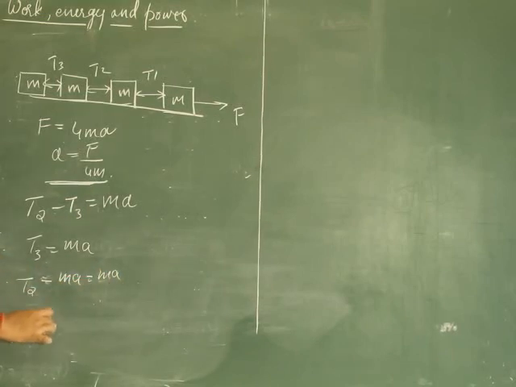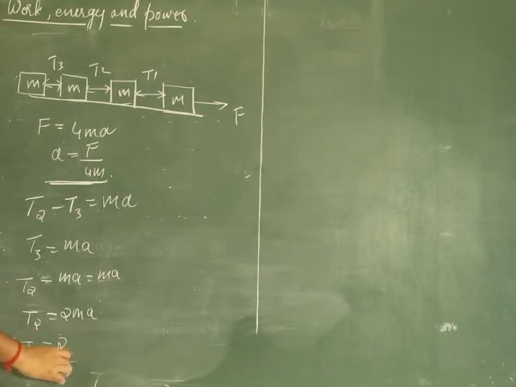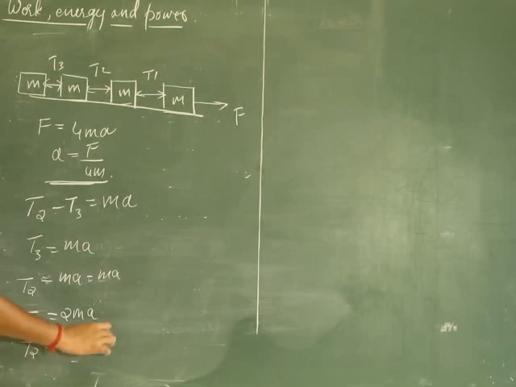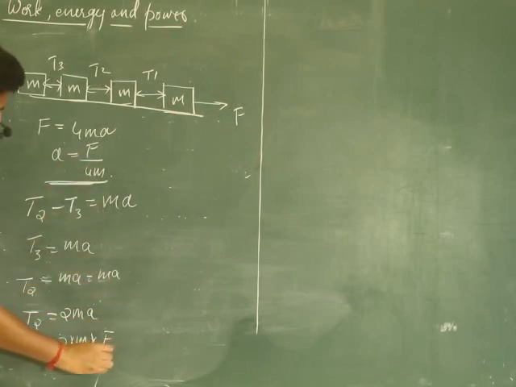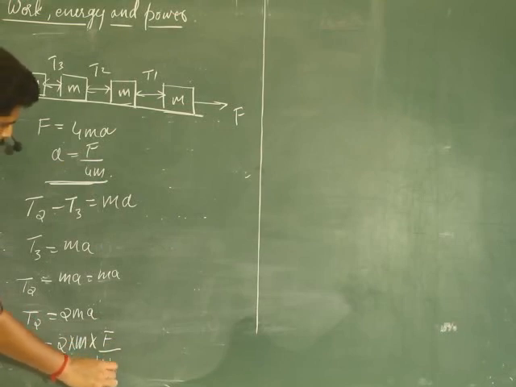So T2 equal to what? 2M into A, correct? So T2 equal to 2 into M into, what is A? Look at here. F divided by 4M.